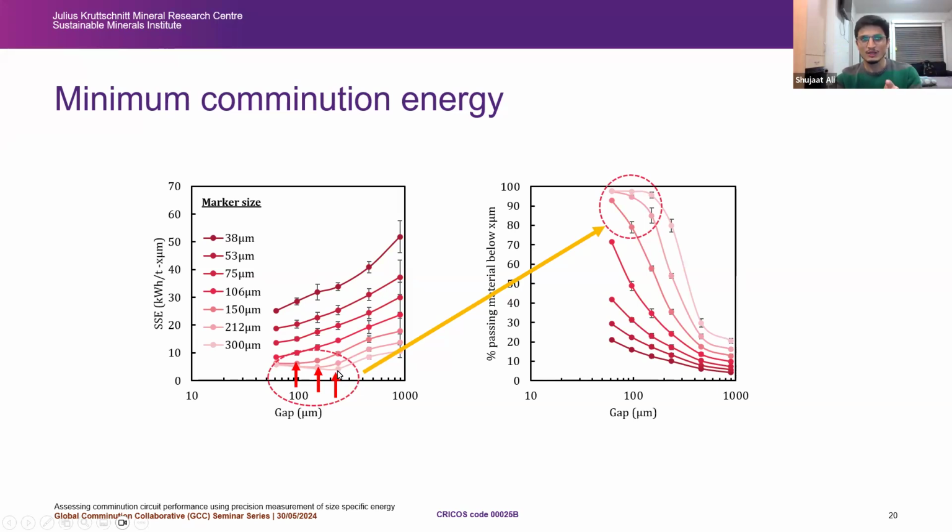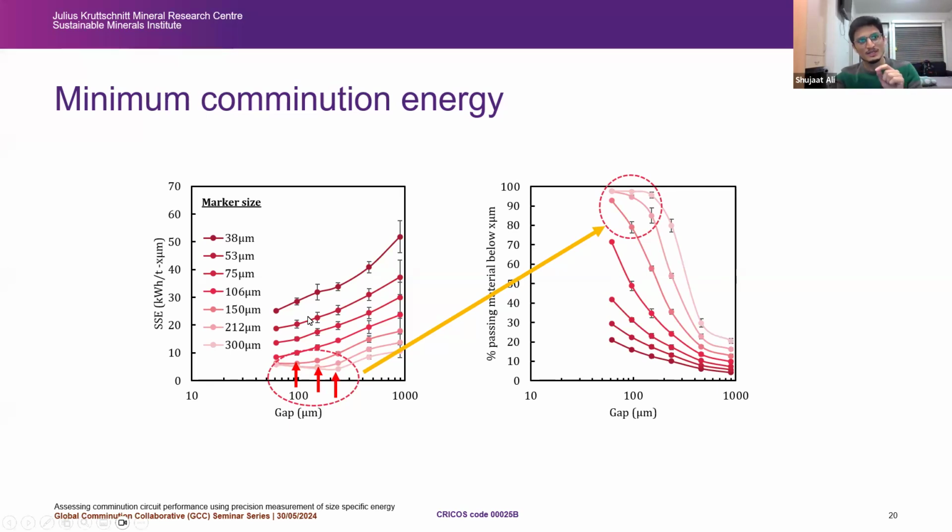When you came down here, you already have produced your product of 300 micron at around 80% or 100% passing, right? So you have basically produced your product below that marker size. If you go any further than that, since it's a progressive breakage, do not forget that, you are now just grinding or preparing product for the next passes, for the next marker sizes. So this marker size of 300 micron becomes obsolete.